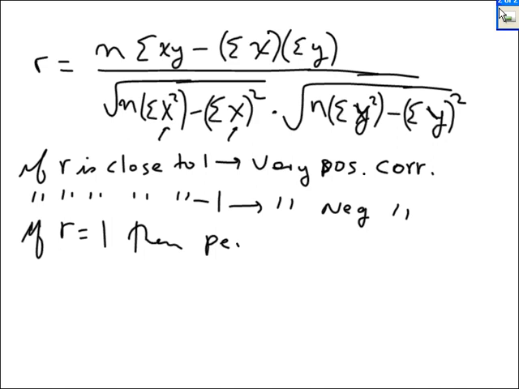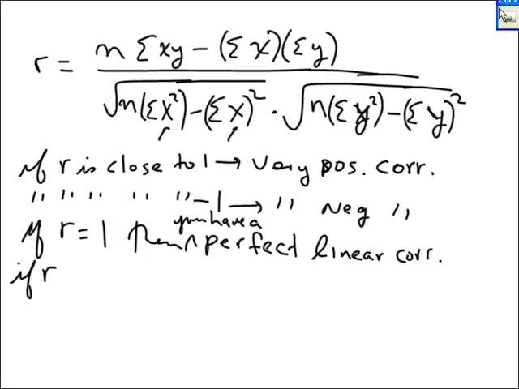Let's write it out. If R is identically 1, then you have a perfect positive linear correlation.